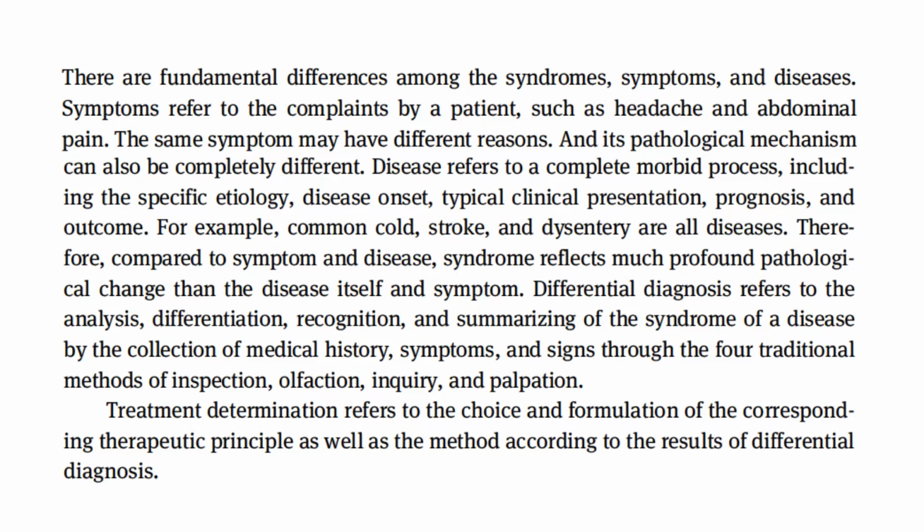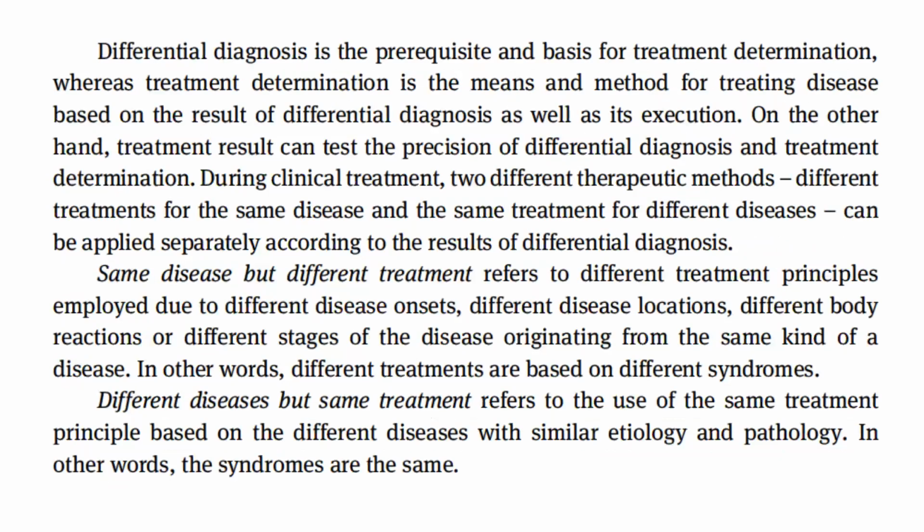Differential diagnosis refers to analysis, differentiation, recognition, and summarizing of the syndrome of a disease by the collection of medical history, symptoms, and signs through the four traditional methods of inspection, olfaction, inquiry, and palpation. Treatment determination refers to choice and formulation of corresponding therapeutic principle, as well as the method according to the results of the differential diagnosis.